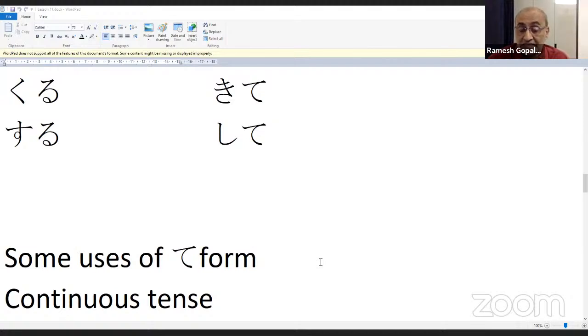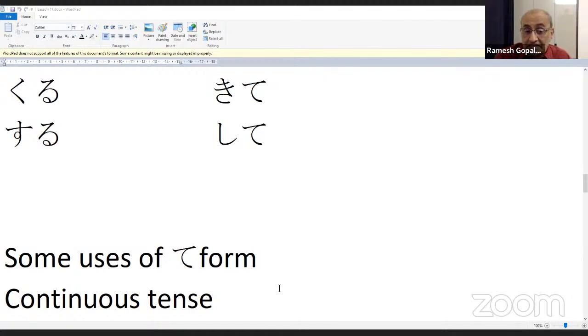So if you say, hanashi o kiite imasu, I'm listening to what is being spoken. So you'll say, sensei no hanashi o kiite imasu. Sensei is saying something, I'm listening to it. Kiite imasu, I'm doing it now. So present continuous. So, kiite imasu, mite imasu means I'm doing something now.